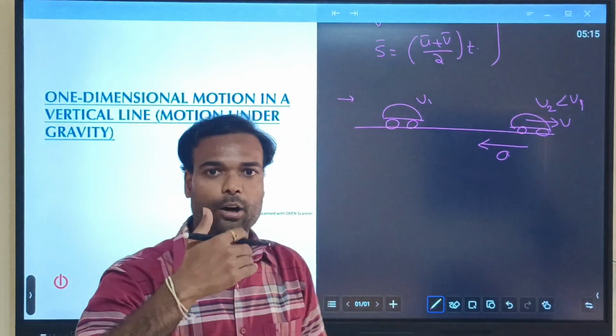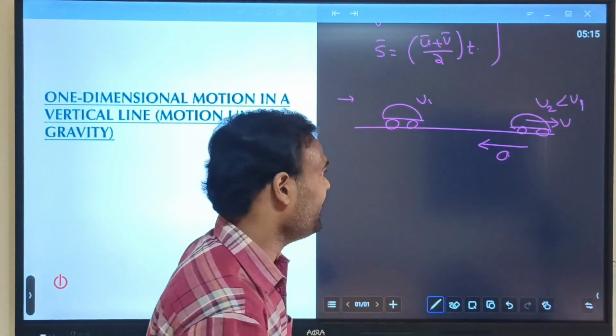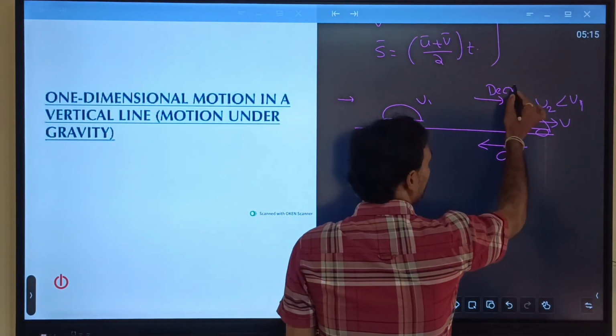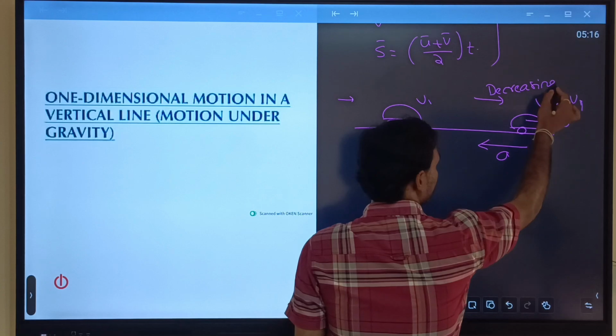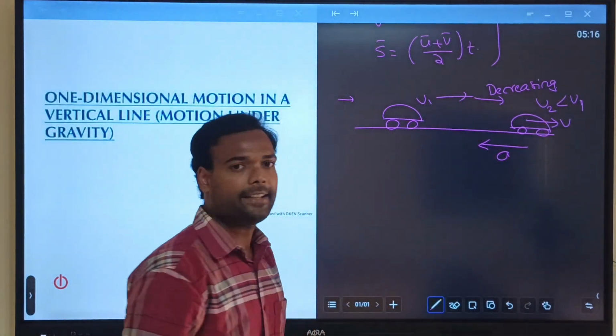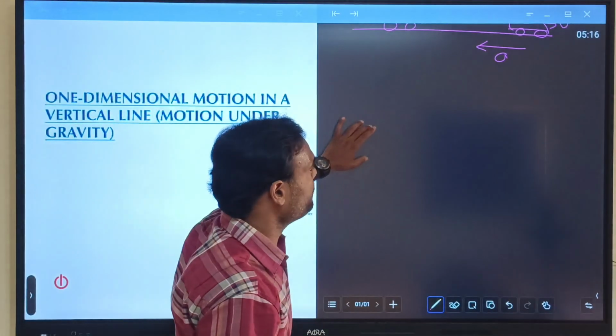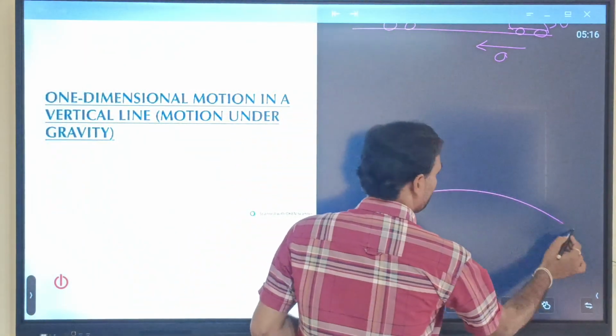When the acceleration is in the opposite direction of the velocity, the object's velocity is decreasing. Am I right?